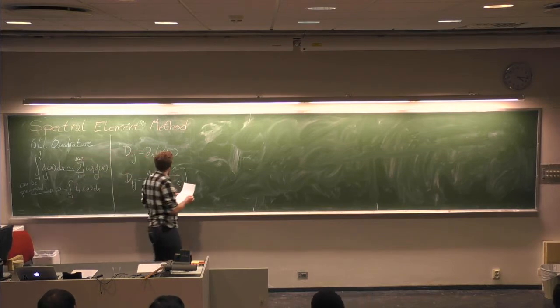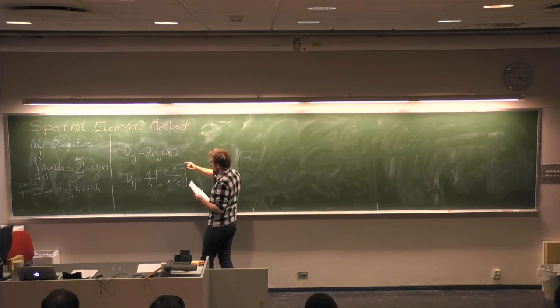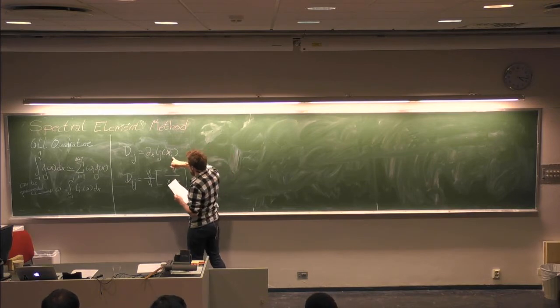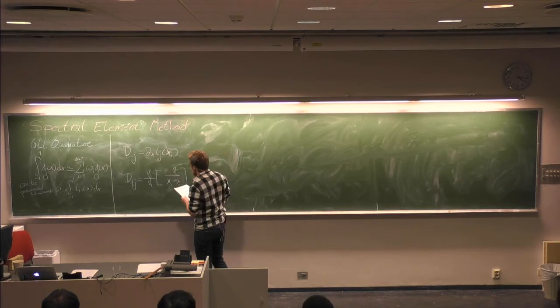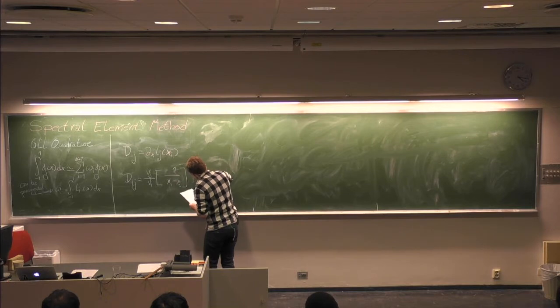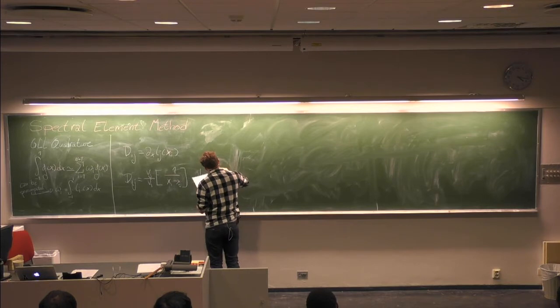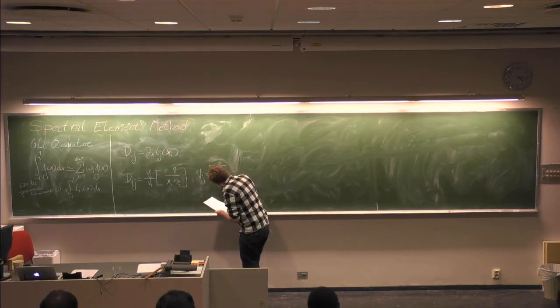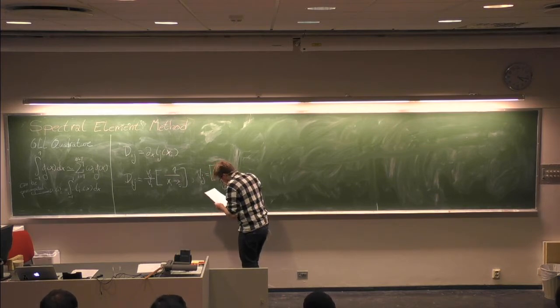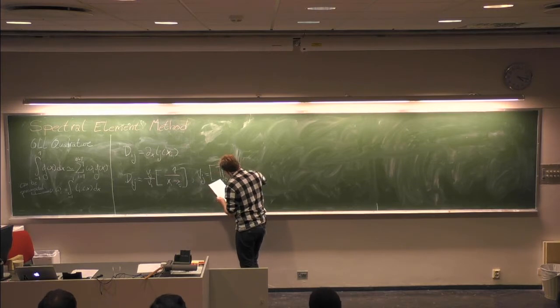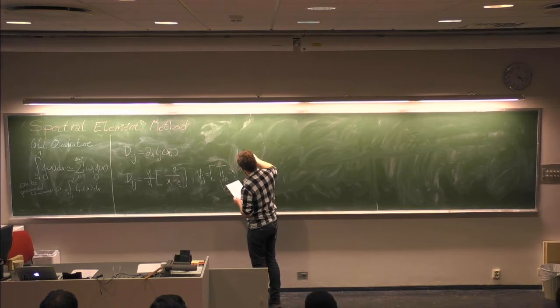These are GLL quadrature points. Here B_j is the product over i, where i does not equal j, of (xi_j minus xi_i), and then the inverse of this.